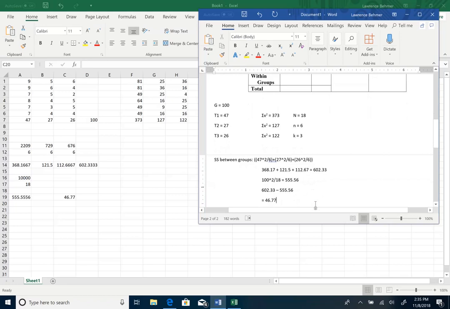And so remember, for within groups, what we had to do is essentially just figure out the sums of squares for each one of our individual conditions and just add that up. And remember, what's our sum of squares equation? It's nothing more than sigma x squared minus T squared divided by little n. So for the first condition, we go 373 minus 47 squared divided by 6.